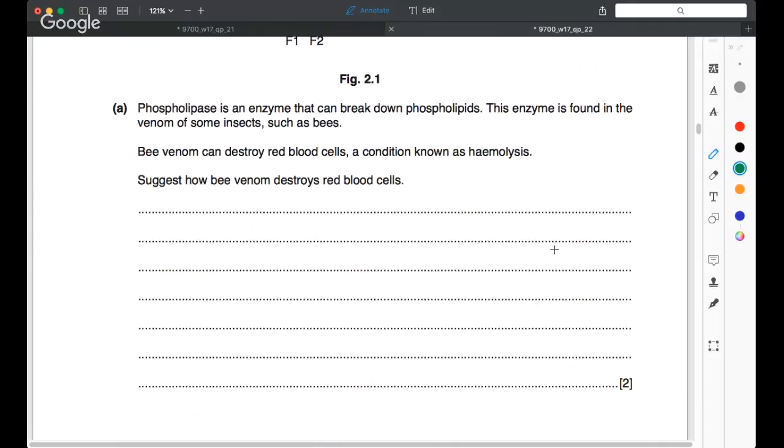Red blood cells contain a cell surface membrane, which is made of phospholipid bilayer.